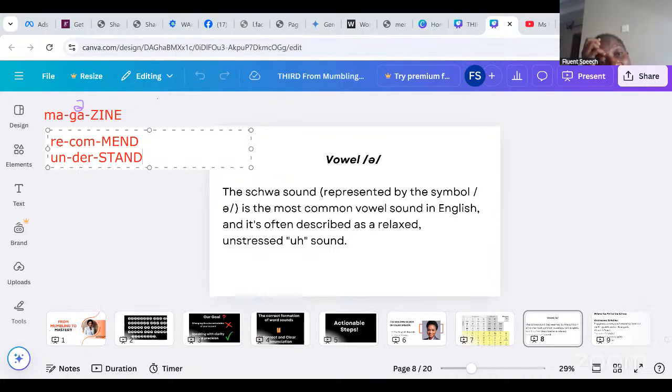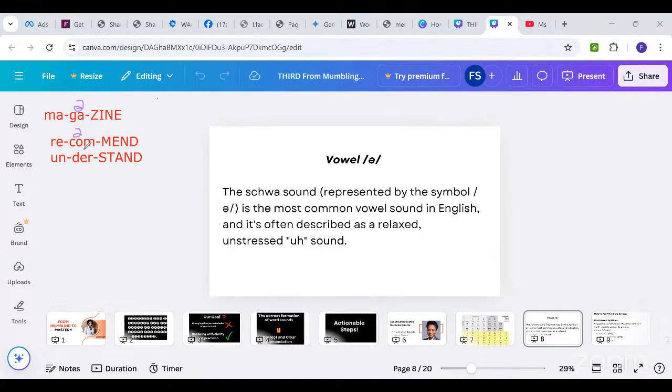So for these words, the first one, magazine, we have 1 schwa. The second one, we have recommend. And for the last one, we have understand.